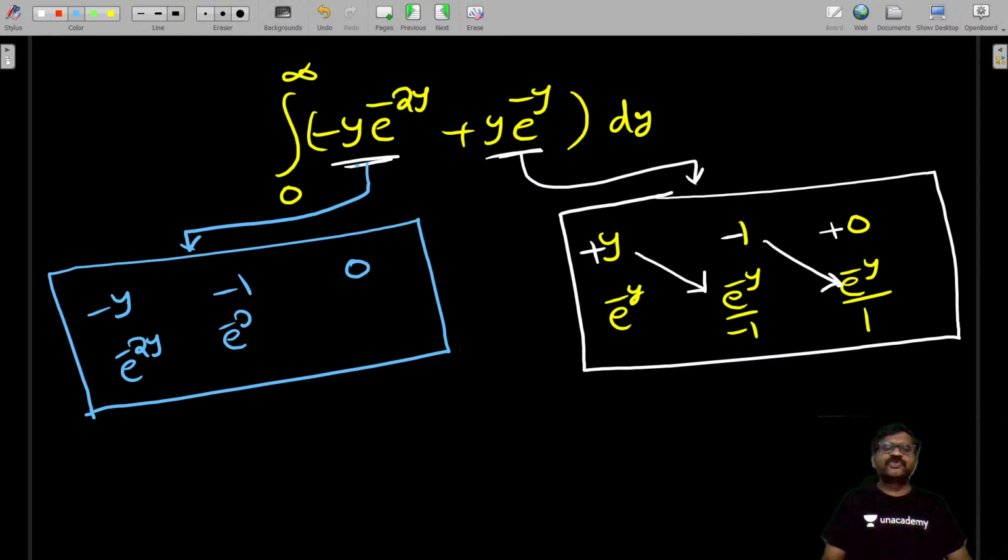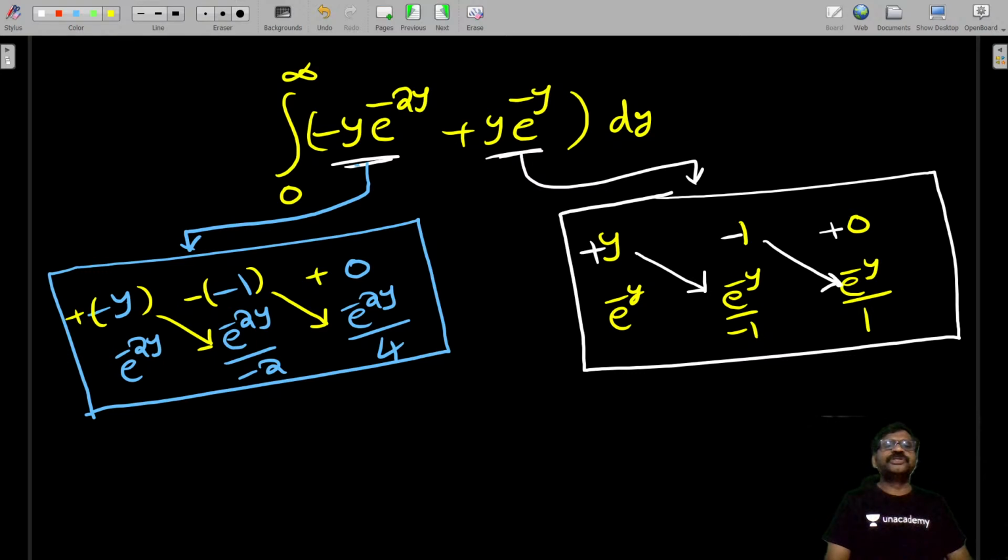Integral e power minus 2y is e power minus 2y by minus 2. Integral e power minus 2y by minus 2 is e power minus 2y by 4. First term plus, next minus, next plus. Multiply diagonally.